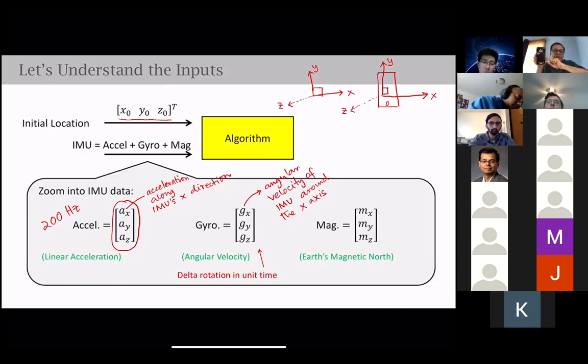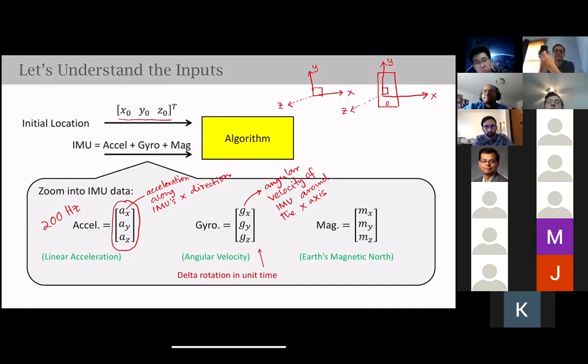That is the angular velocity Gx. This is the y-axis. If I rotate around the y-axis, the phone would rotate like that. That is Gy.